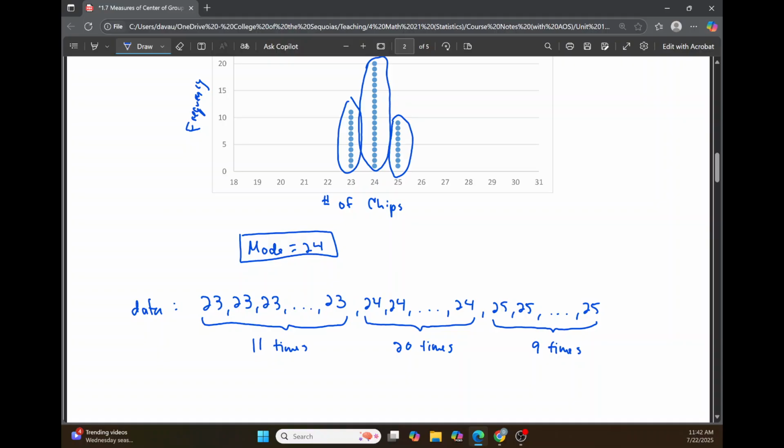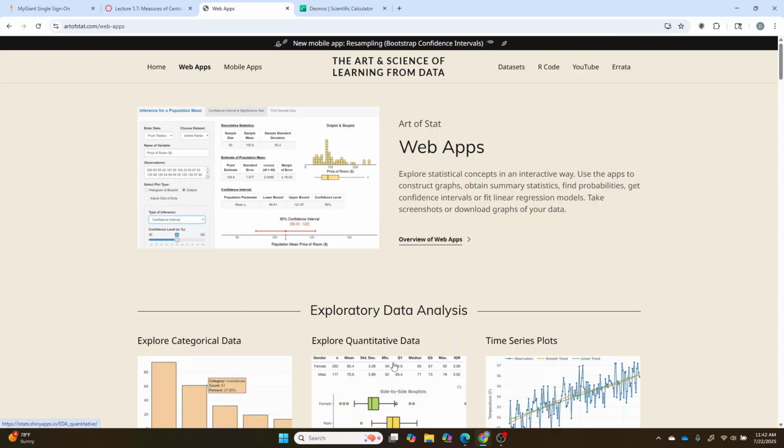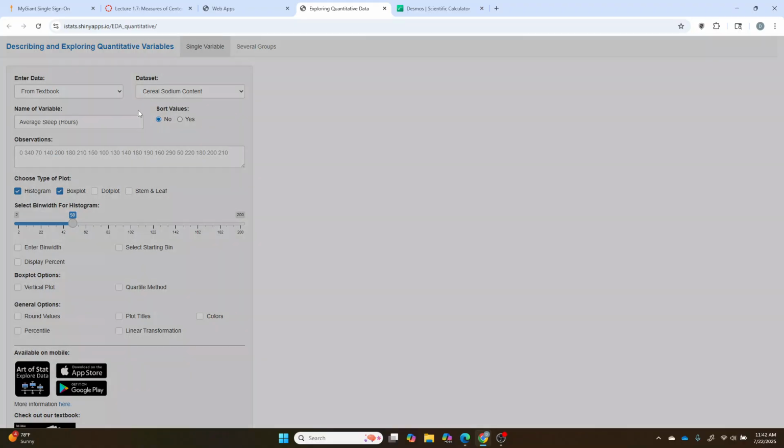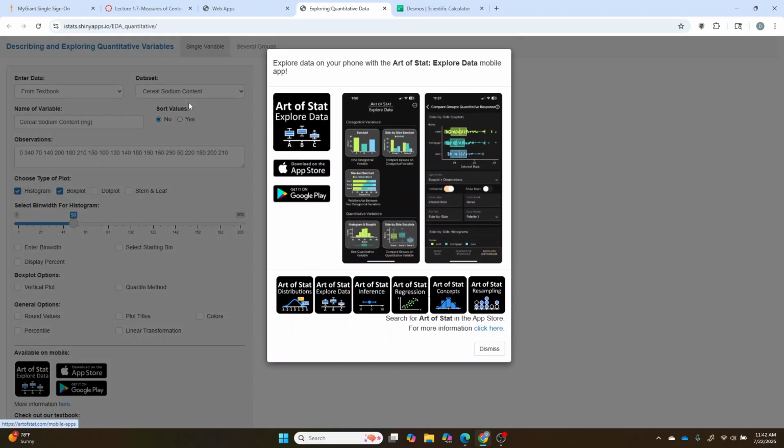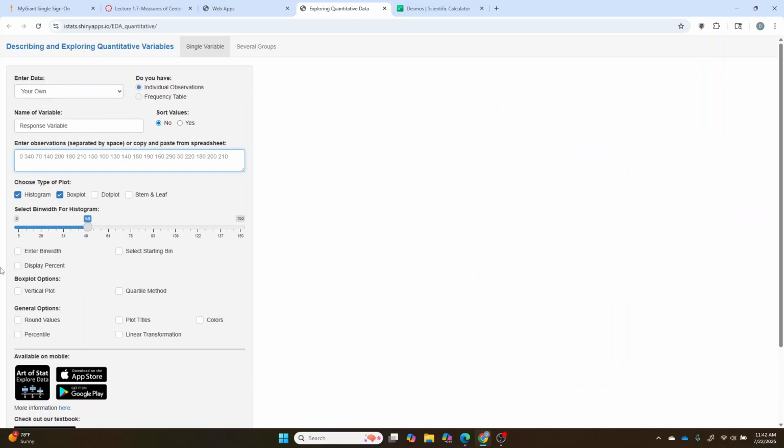Okay, so if I want to compute the mean and the median of this, well, one way that I could do that would be to go over to the Explore Quantitative Data app, and I could enter my own data, and I could just punch in those values, right?